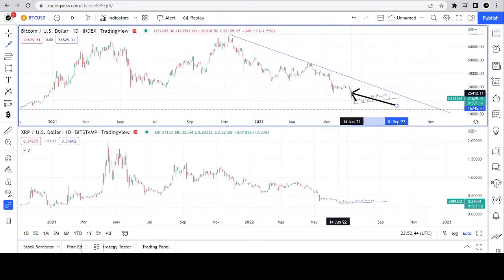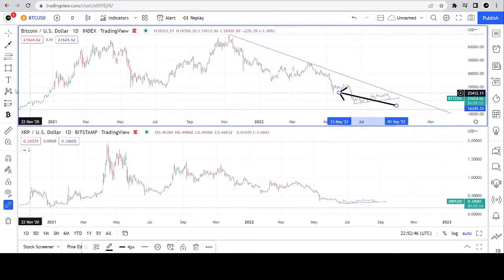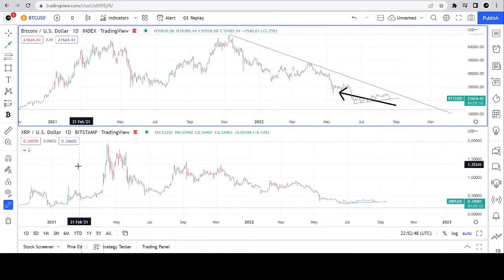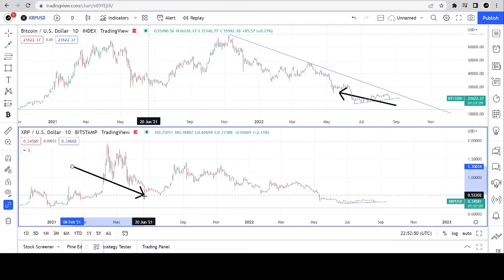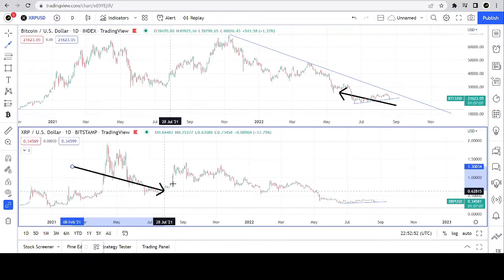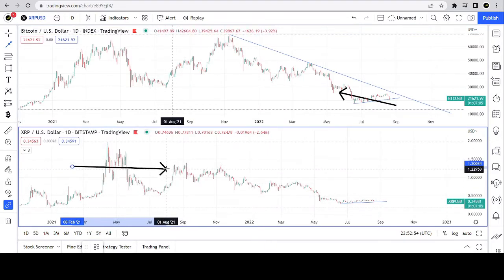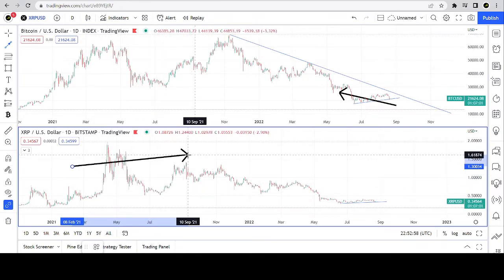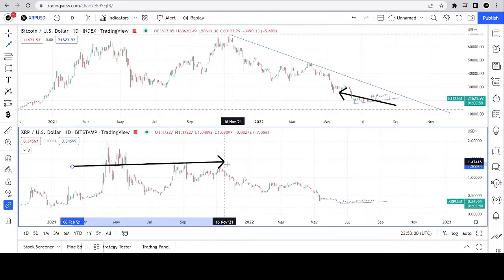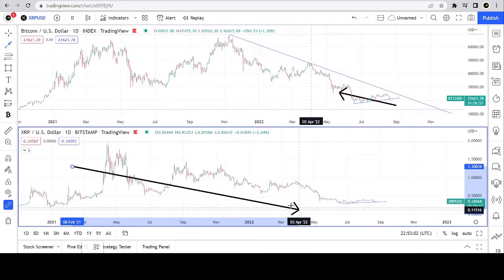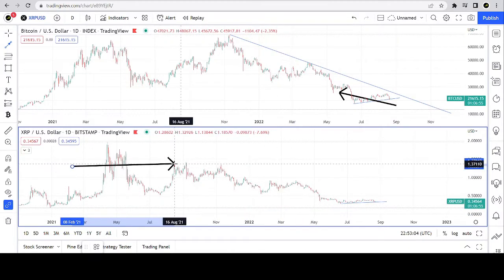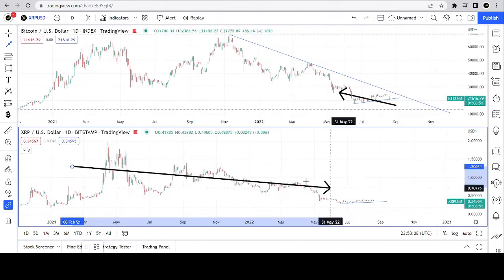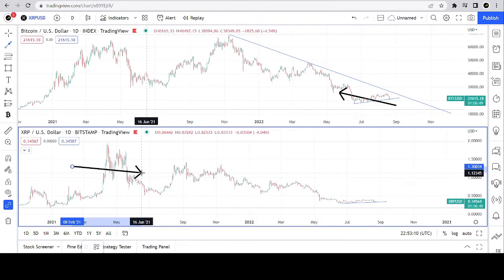However, when I place the XRP chart next to the Bitcoin chart, I see a similar structure that Bitcoin traditionally does, where it has the initial peak, and then it does the retrace, and then it does the series of waves down to the bottom, with the first retrace wave being the highest, working its way down to the capitulation point.